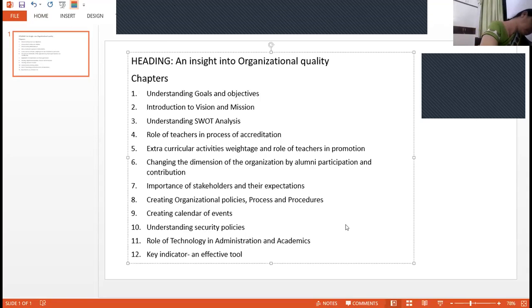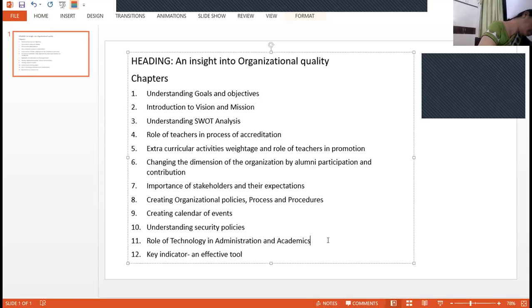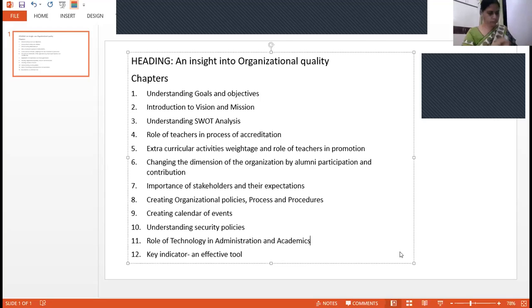Sir, I think the earlier topic was also necessary: the role of administration or office in accreditation. Because here we are concentrating only on technology.